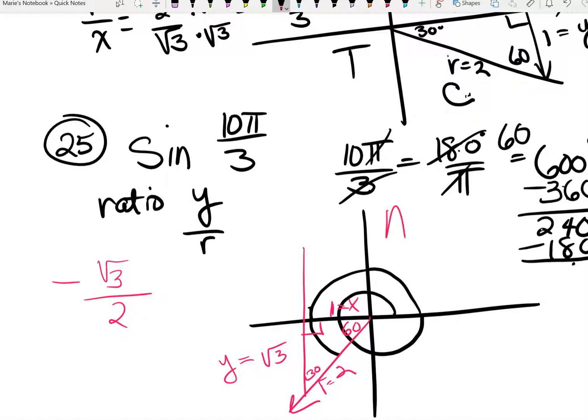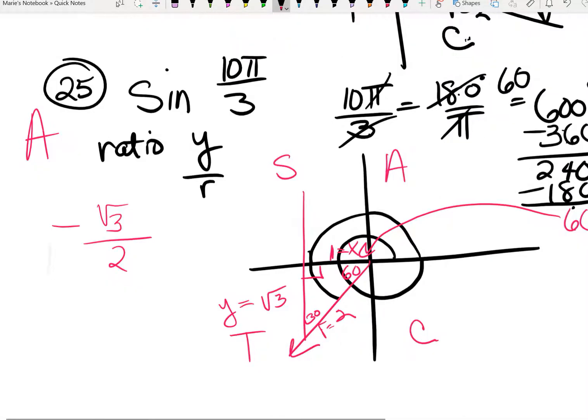Because all students take calculus. So because we're in this quadrant, we have to say negative in this case. Now, final answer should be negative square root of 3 over 2, which should be answer choice A. Okay, now remember, you needed to complete the 60 degrees, which is what's left in here.